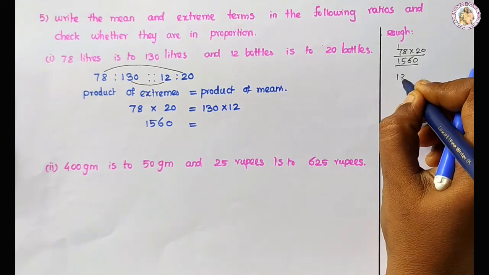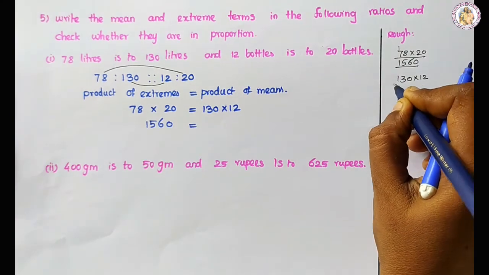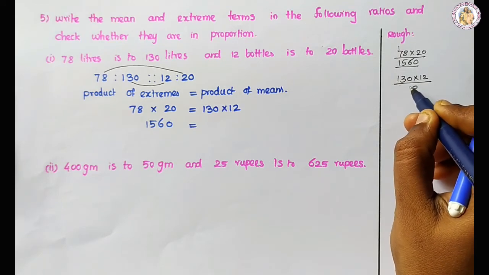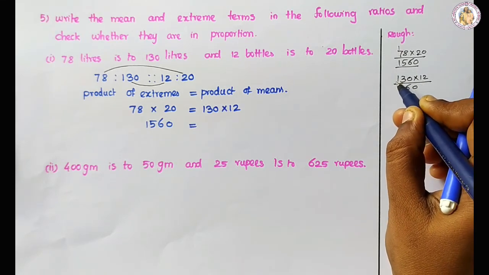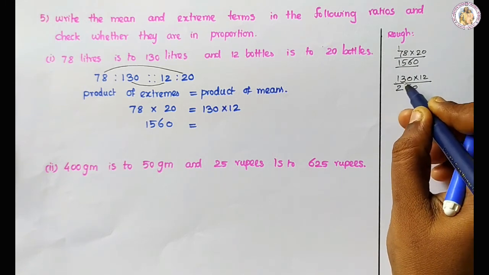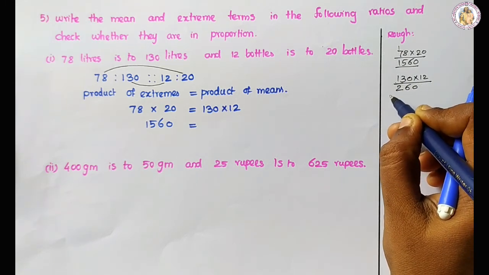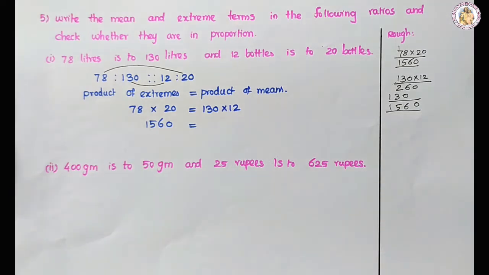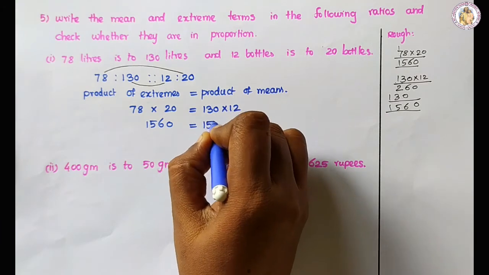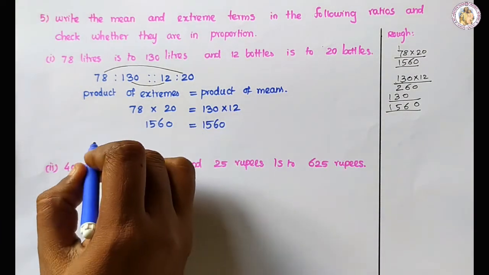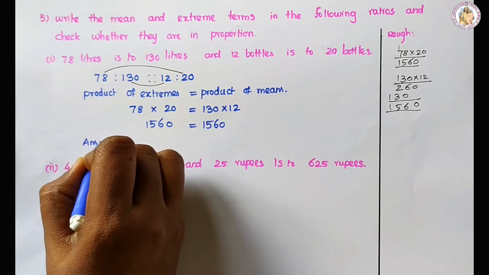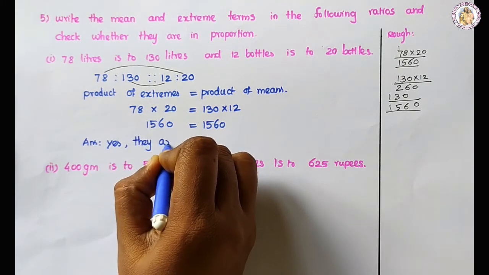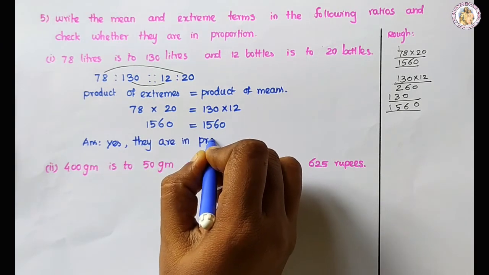Now 130 into 12. 0. 2 3s are 6. 1 2 is 2. 1560. So both are same. Answer yes, they are in proportion.